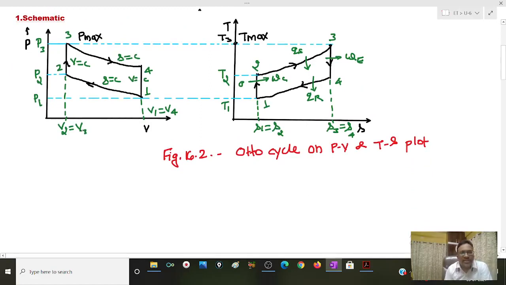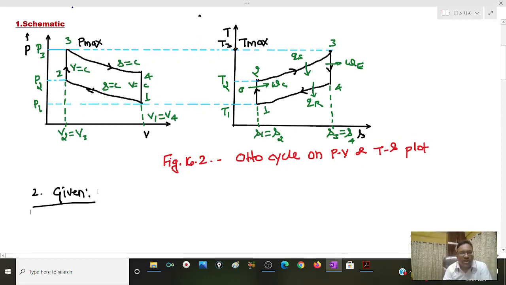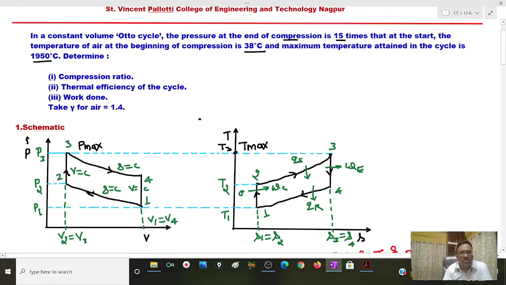After representing the Otto cycle on PV and TS plot, let us enlist all the given parameters. Here it is given, pressure at the end of compression is 15 times that at the start.